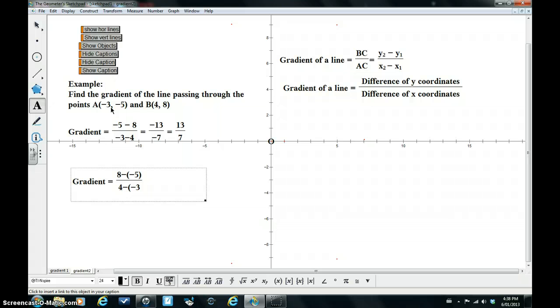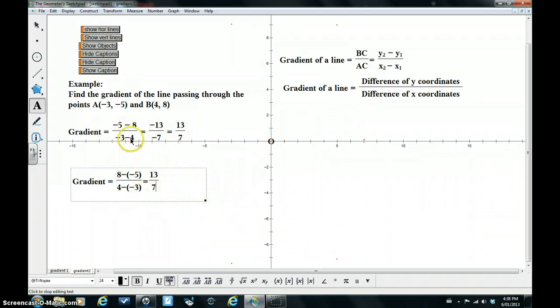Now be careful with the directed numbers when I do it this way. Lots of minuses floating around. And that will equal, on top you have 8, 2 minuses give a plus, so 8 plus 5 is 13, and on the bottom 4 minus minus gives a plus, 4 plus 3 is 7. So you get exactly the same answer.